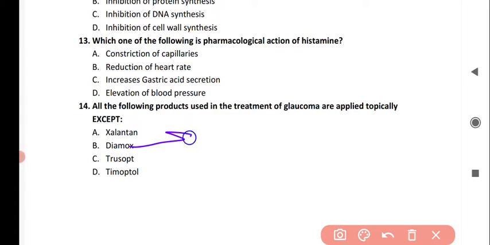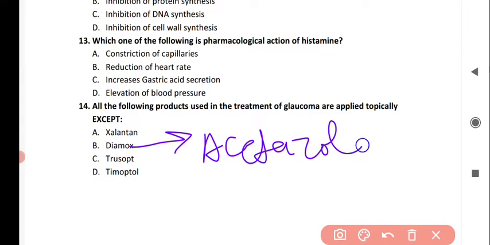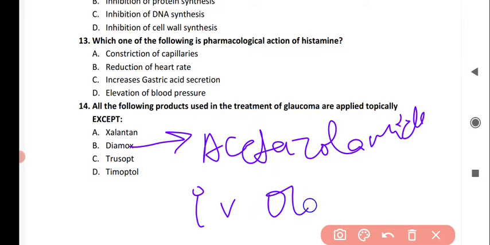Then Diamox is simply acetazolamide, and it is given by the intravenous or intramuscular route. So option B will be correct. Diamox, that is acetazolamide, is used in the treatment of glaucoma and not given topically; rather, it is given by the intravenous or intramuscular route.